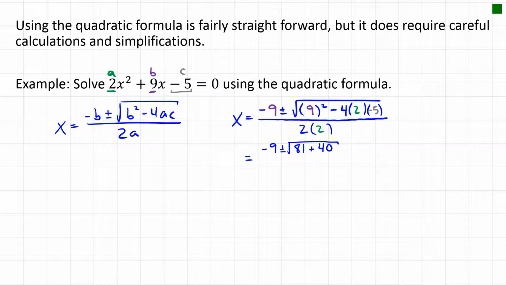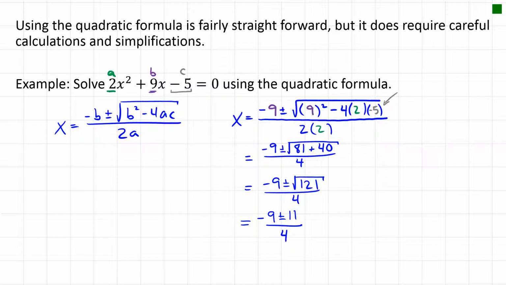If that sign was done incorrectly, we would get very different results, so it's very important to make sure you get your signs correct. And then all divided by 4. So 81 plus 40 is the square root of 121, all of which is over 4. And luckily, 121 is a perfect square, so we can recognize that this is negative 9 plus or minus 11 over 4.